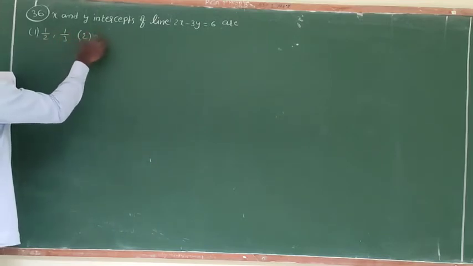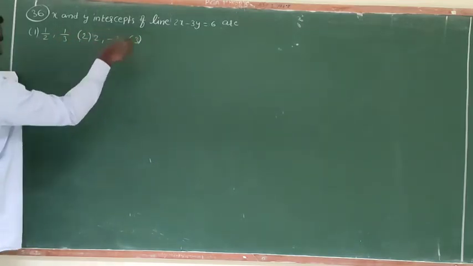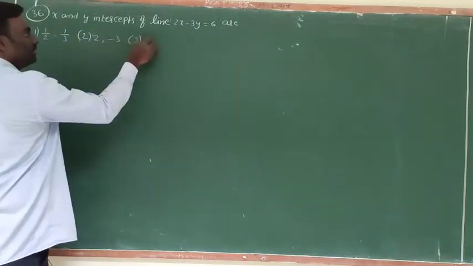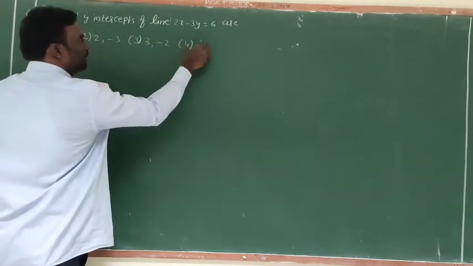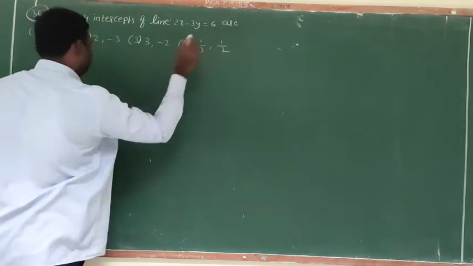Second option, 2 comma minus 3. Third option, 3 comma minus 2. Fourth option, 1 by 3, 1 by 2.